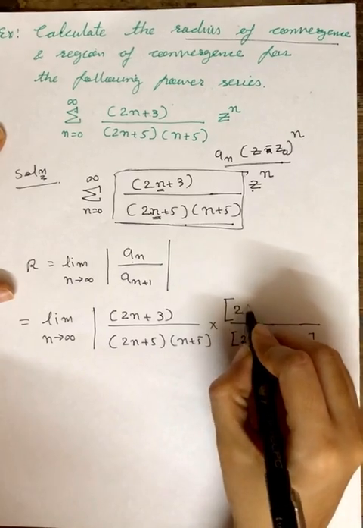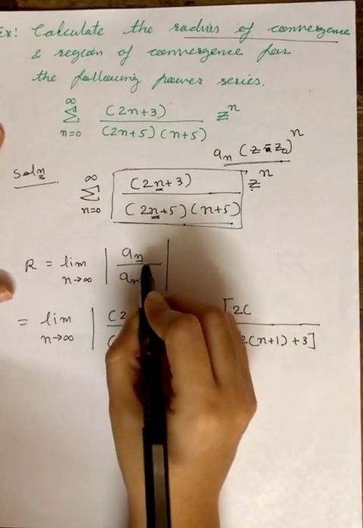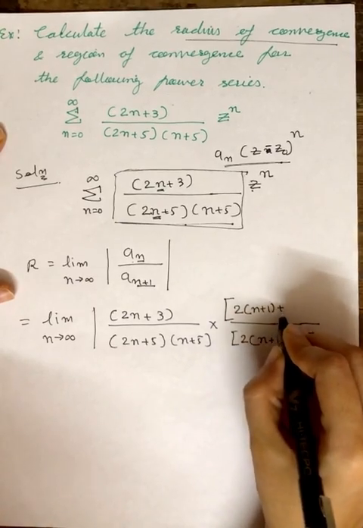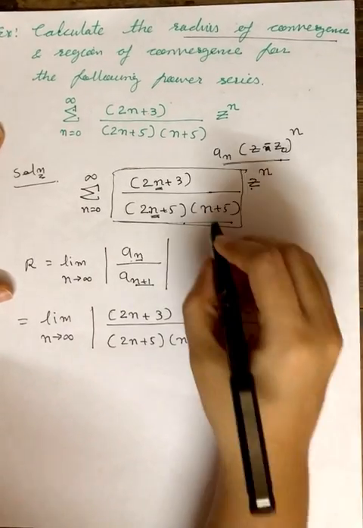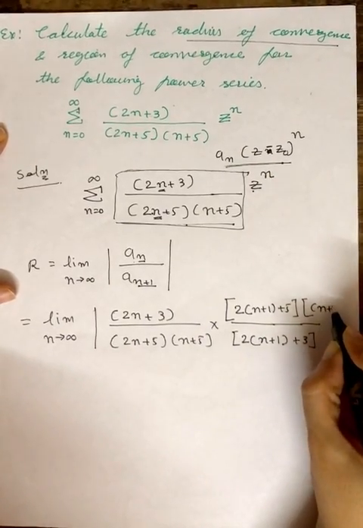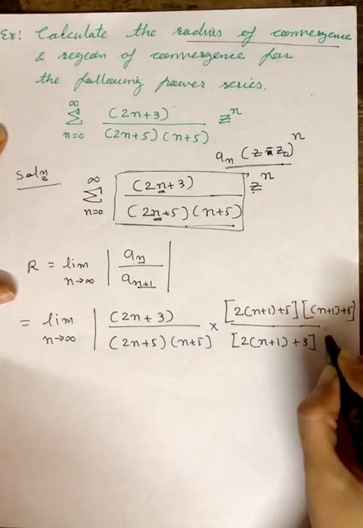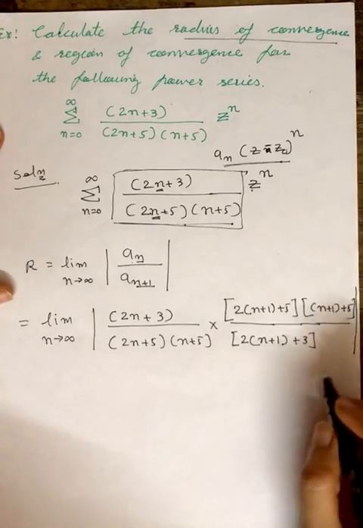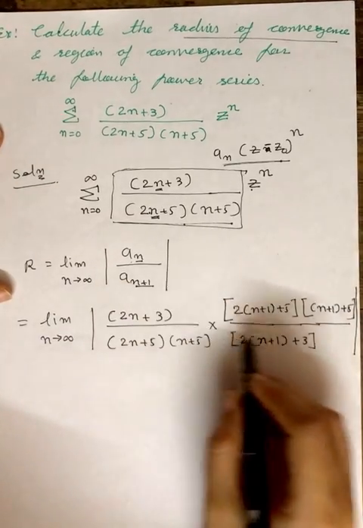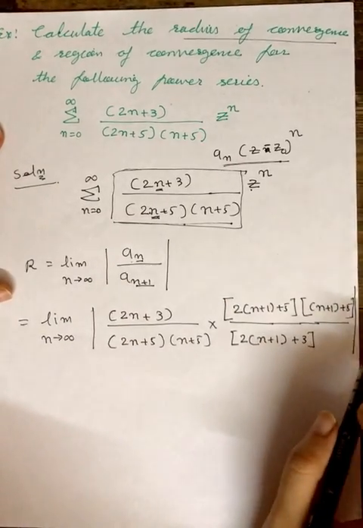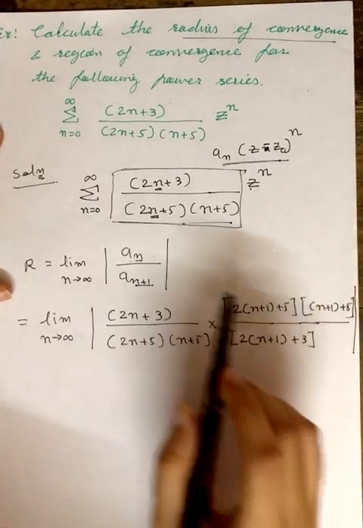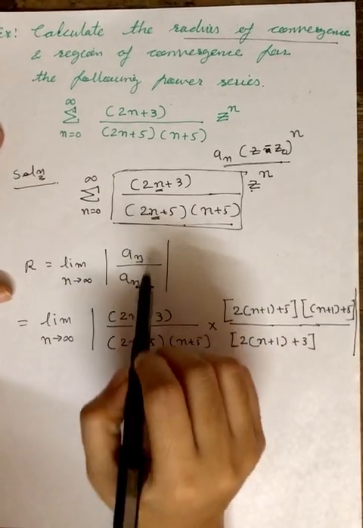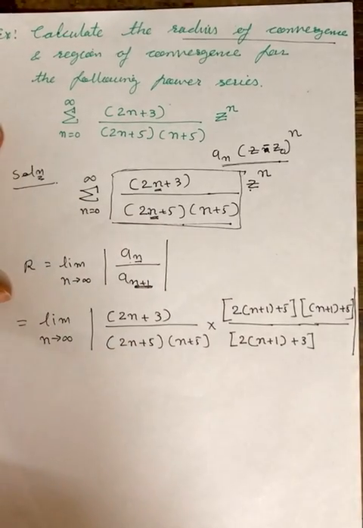Here also 2 into, in place of n, I will put n plus 1. So it's n plus 1 plus 5, and the last bracket will be n plus 1 plus 5. It is looking so big, I mean, the expressions are bigger, but they are not so complicated. When you have to find an plus 1, you just have to replace n by n plus 1.